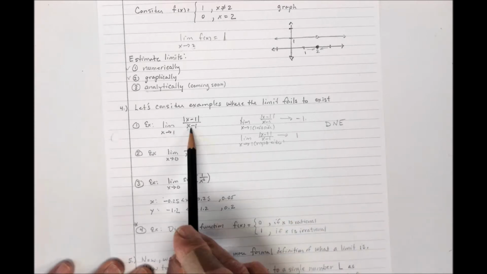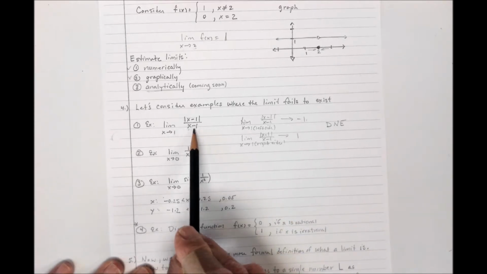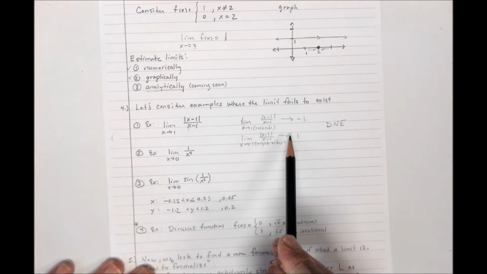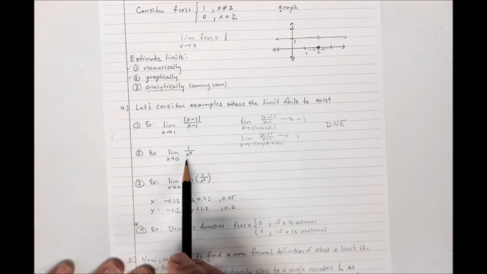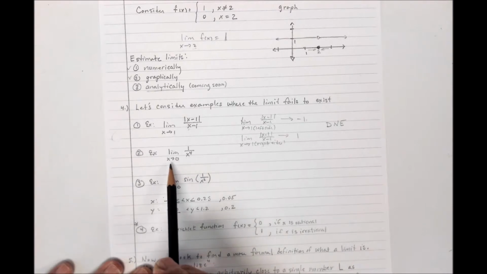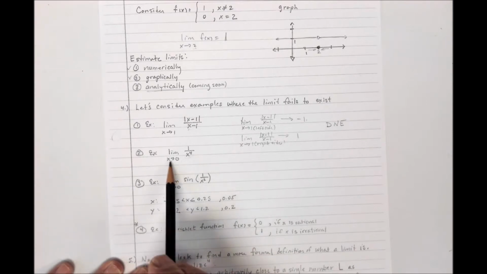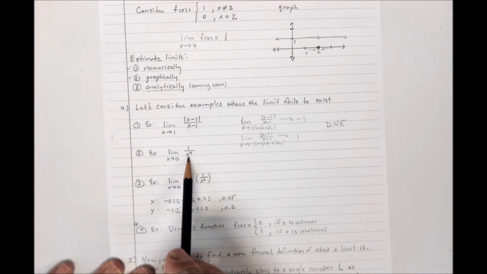And that's an example of one that does not exist because the limit from the left side is not equal to the limit from the right side. Now this case is a little bit different because it doesn't matter whether we're looking at negative numbers or positive numbers. We're going to raise it to an even exponent, so it's going to be positive. But as x gets closer and closer to 0, what happens here?